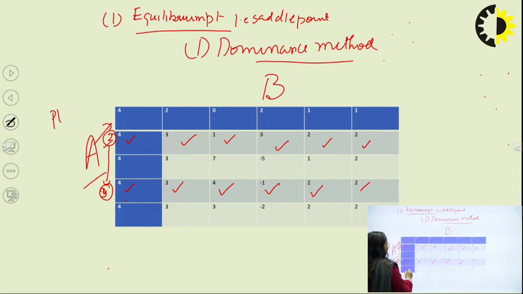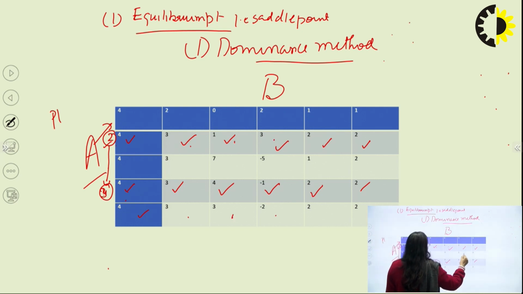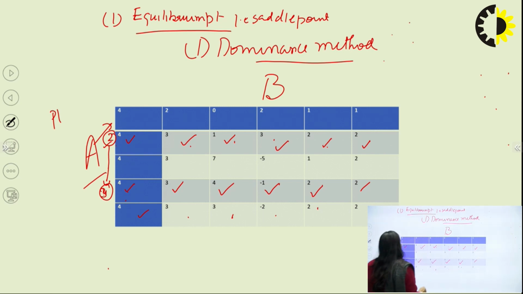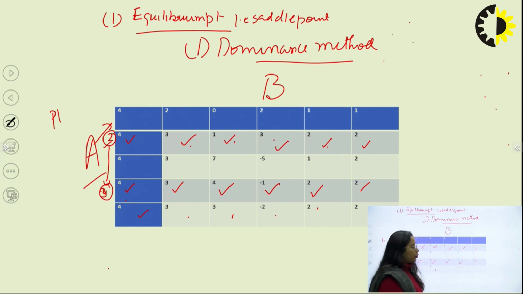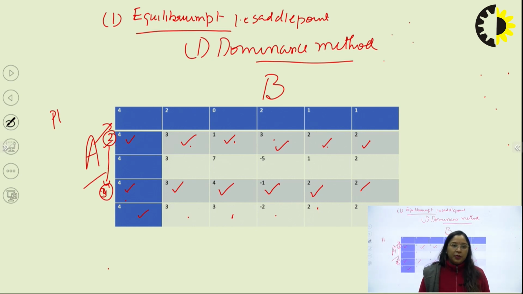Now in this case, we can see 4, 4, 3, 3, 1, 3, 3, minus 2 and 2, 2, 2 and 2. So we will see that row 2 and row 5 are dominated by row 4. So rows 2 and 5 will be deleted. The minimum row will be deleted.